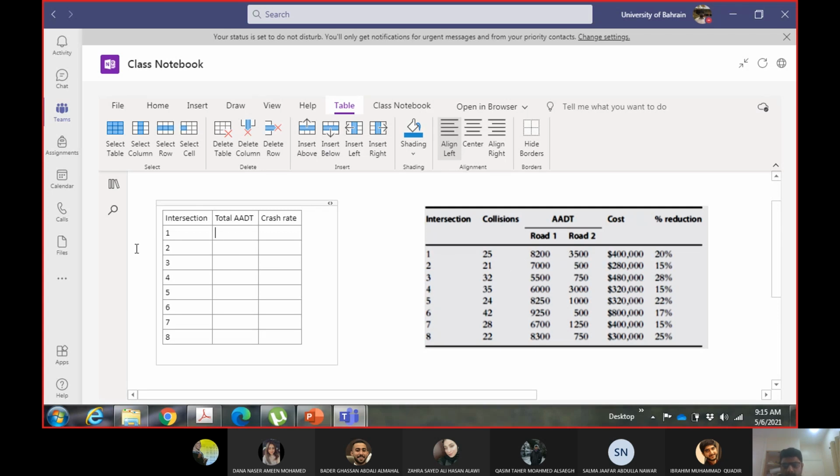I'm calculating the numbers which are simple for me, then you can do your own calculations.